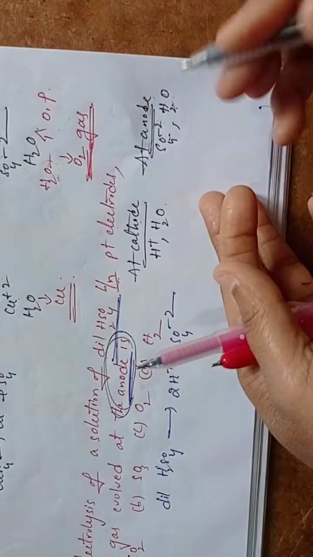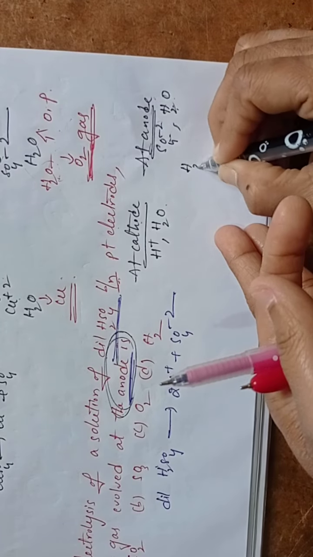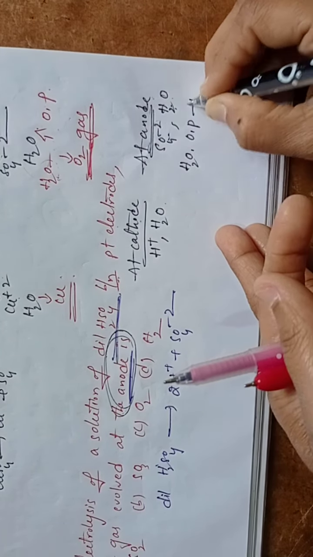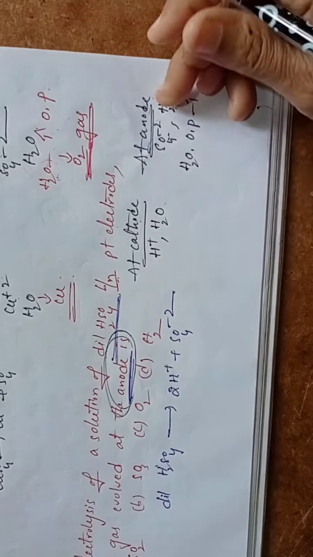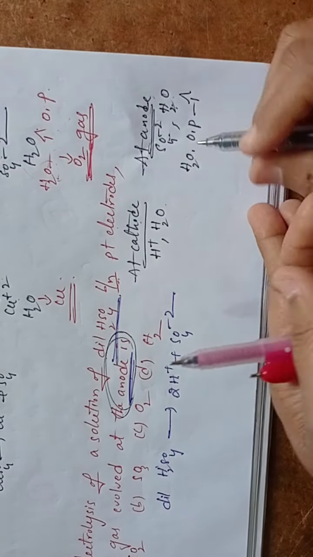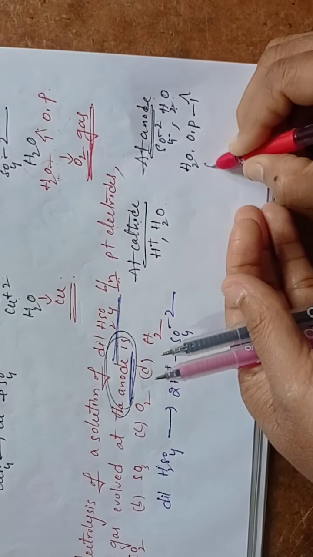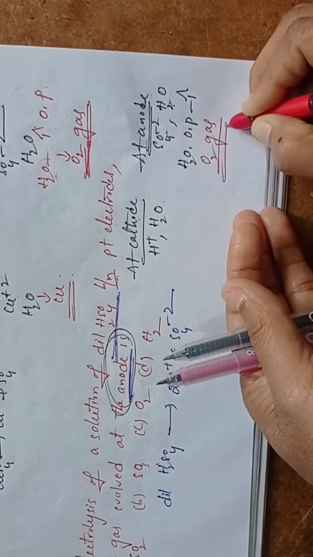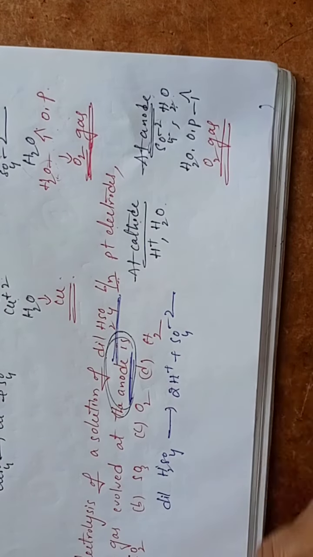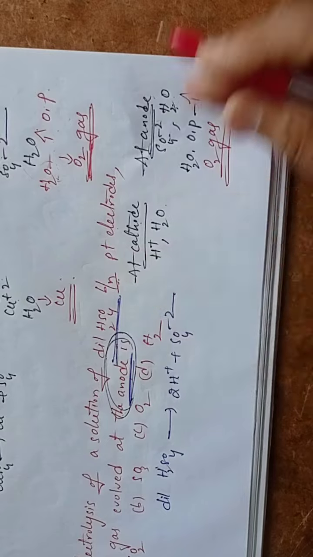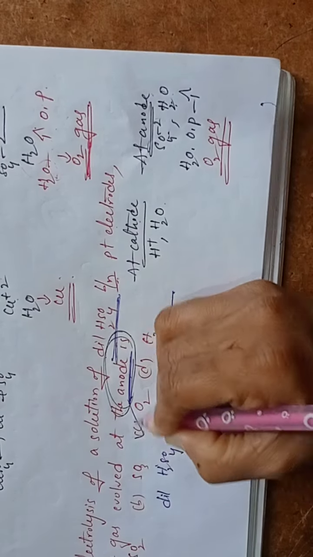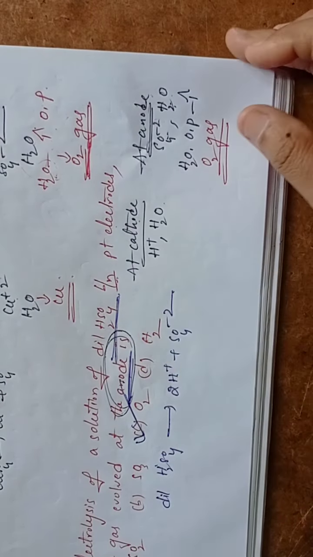So that's why water undergoes oxidation, students. It liberates which gas? O2 gas is liberated at anode. So the answer is which option, students? O2. So option C is the correct answer. Clear this one? O2 gas is liberated.